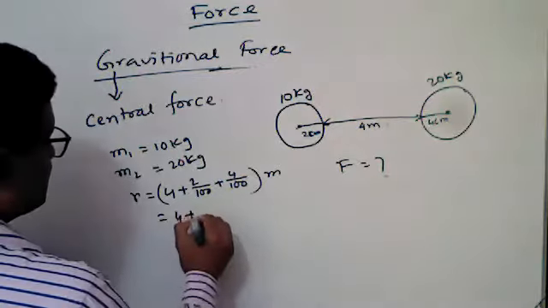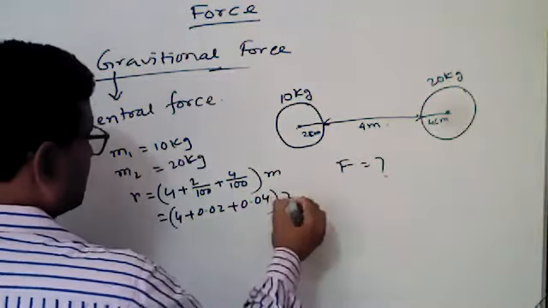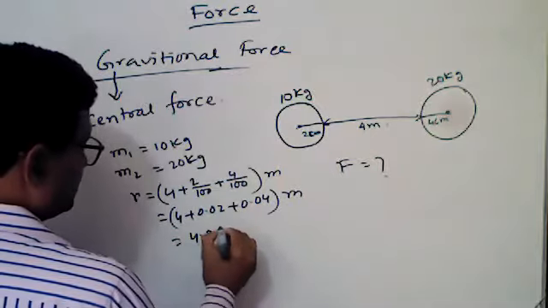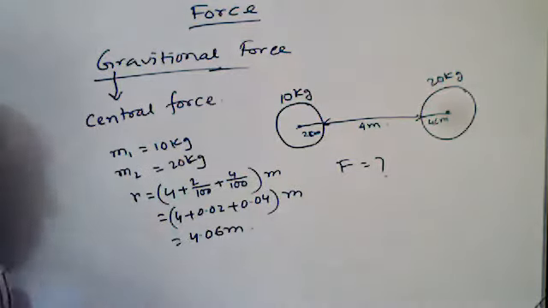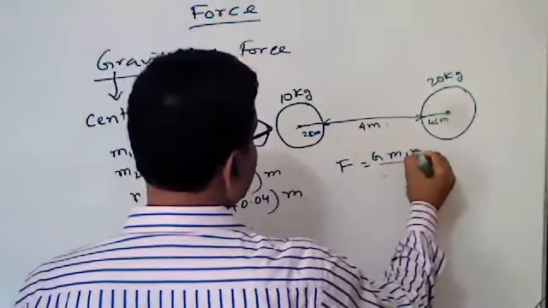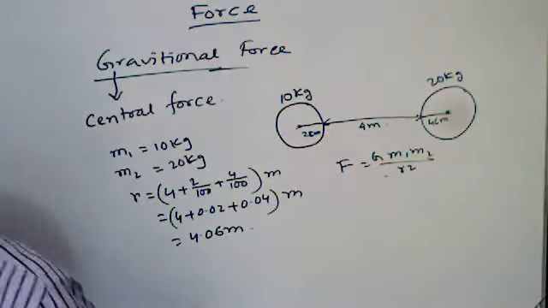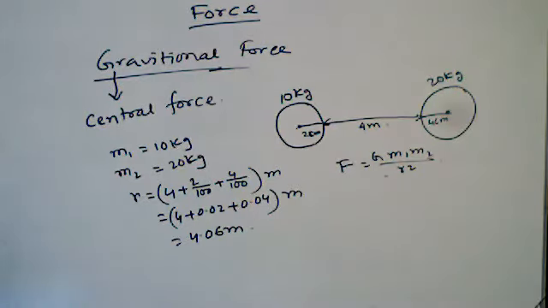So 4 plus 0.02 plus 0.04 meter, it will be 4.06 meter. Then you can easily use G M1 M2 by R square. Putting this value, you can get the answer. Okay.